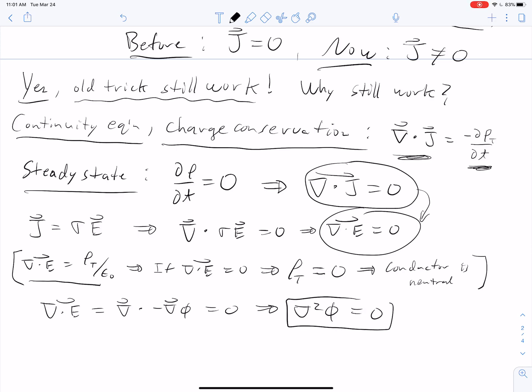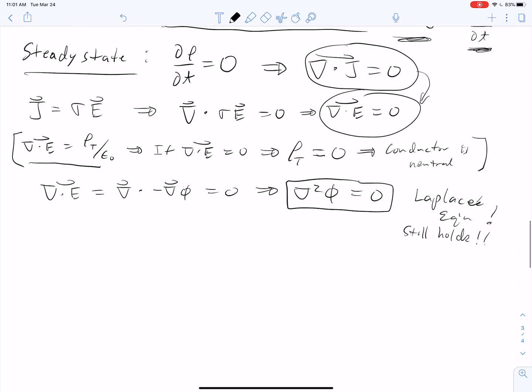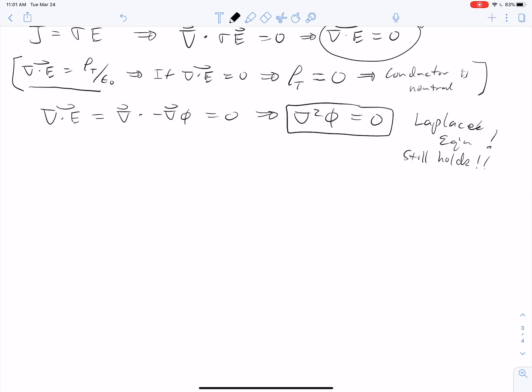So we have our old friend, yay, Laplace's equation. So this is still good. What that means is that Laplace's equation still holds. So all of our tricks still work.